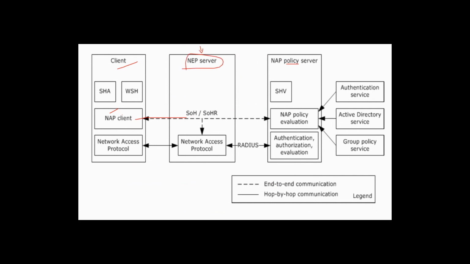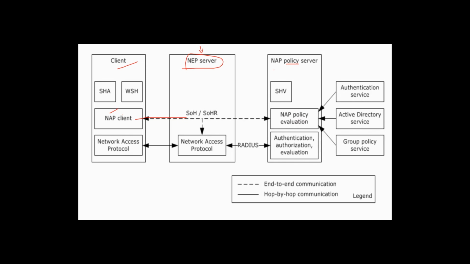One of these enforcement points could be DHCP, or even a VPN, 802.1x, or any other enforcement point. So the NAP client will send the health check, and I forget what SOH means, I guess it's statement of health, something like this, yes.